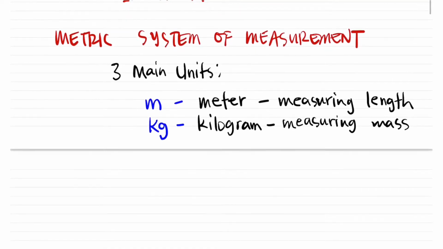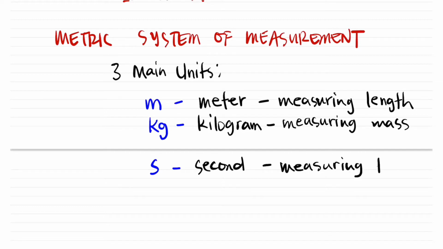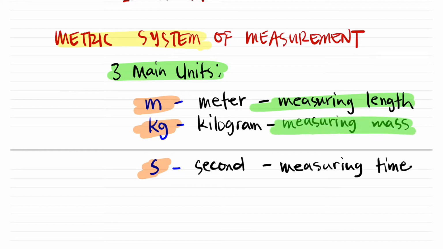The next one is S, called second, and it is the basic unit for measuring time. So the three main units of the metric system are meter, kilogram, and second, used for measuring length, mass, and time.